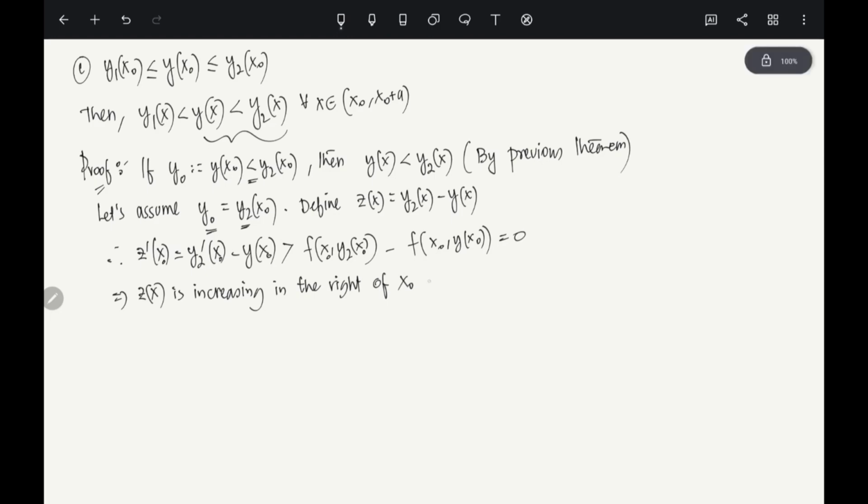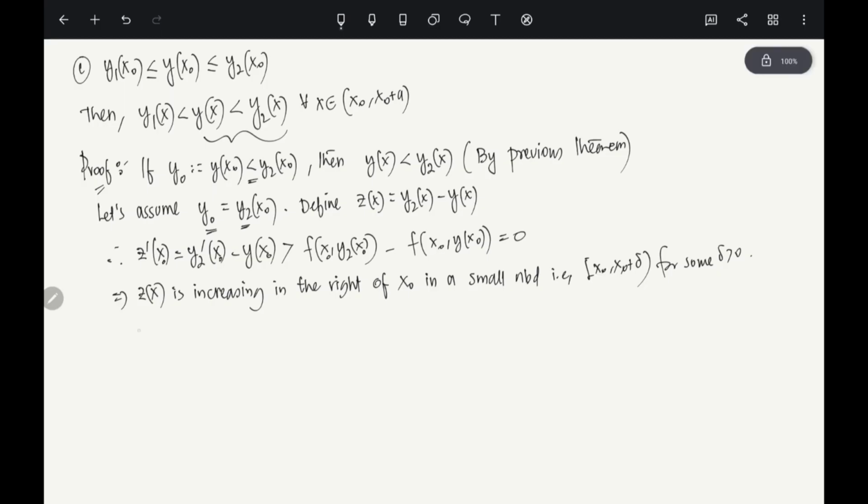So it is increasing in a small neighborhood, at x naught plus some delta. Let's just assume that for some delta positive, small enough, right? So essentially what I am trying to say is z prime at x naught is strictly positive. So what does that mean? It means that, starting from x naught, at least for some time it has to increase, right? For some delta. So that is there.